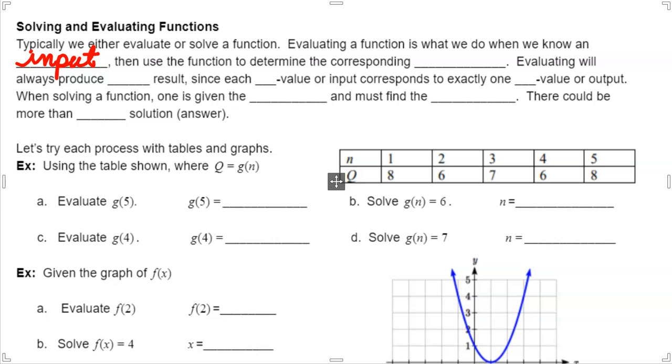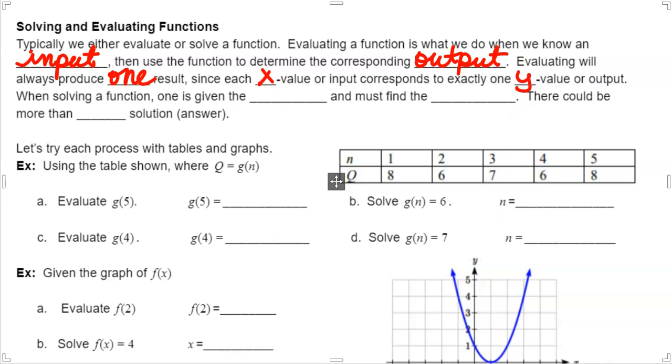Then we use that and the function to determine the corresponding output value. Evaluating will always produce just one answer, since each x value or input corresponds to exactly one y value or output.